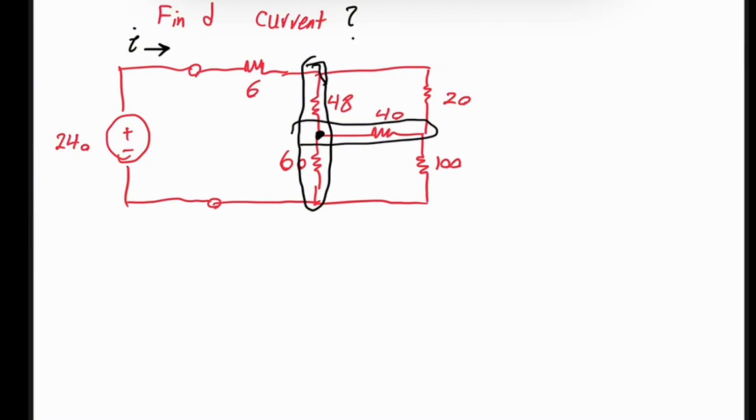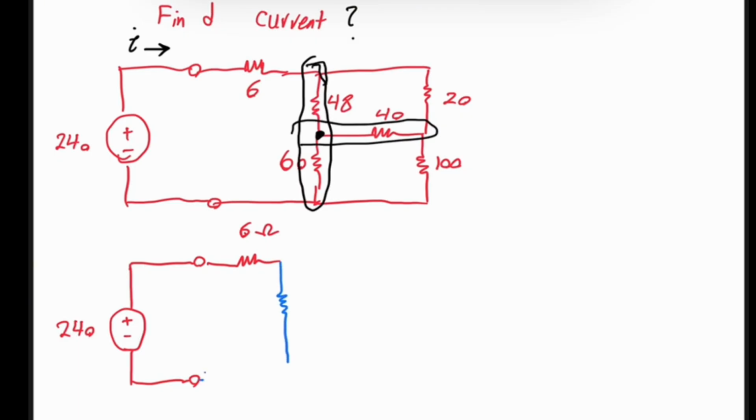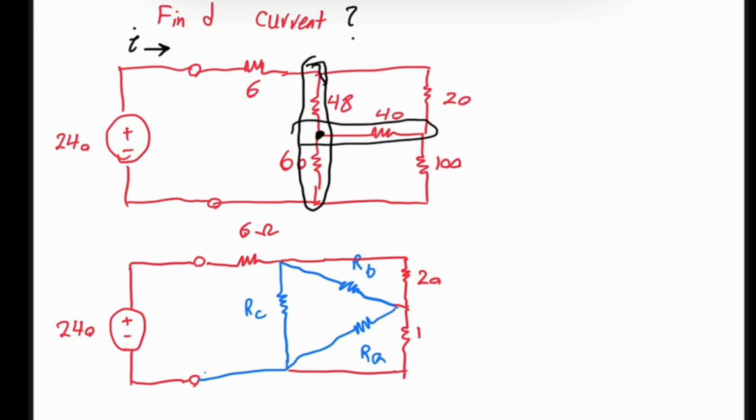So how is my delta? Over here I have the 240 volt voltage source passing through this terminal, then my 6 ohm resistor. Then I can replace this Y by an equivalent delta, where I call this one RC, this one RB, and this one RA, which is connected to the rest of the circuit, which is 20, and this is connected to 100.